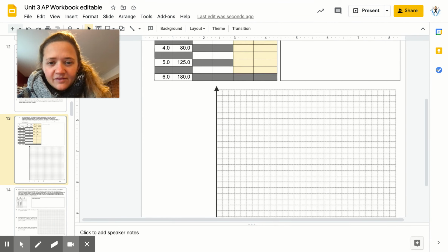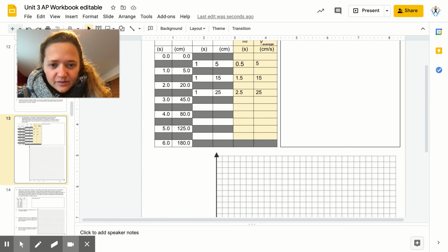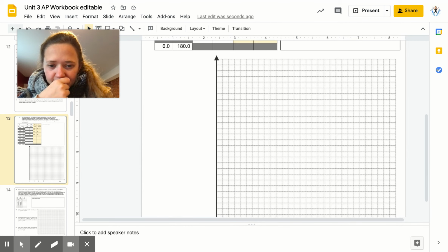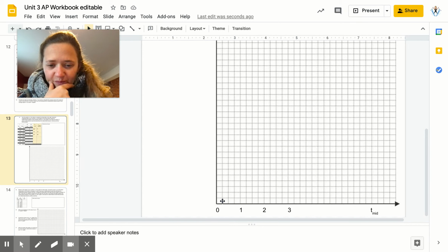And then V average, we go from 5 to probably some pretty big numbers.